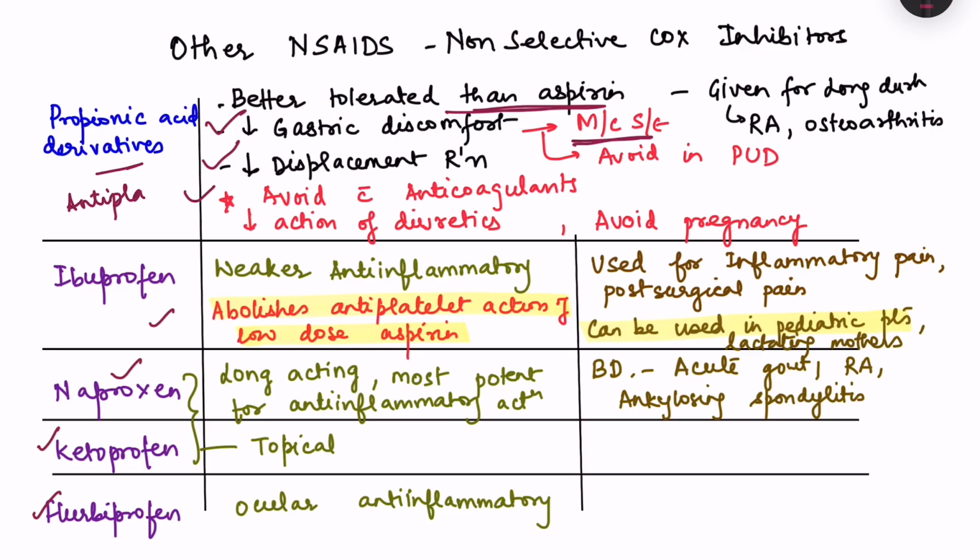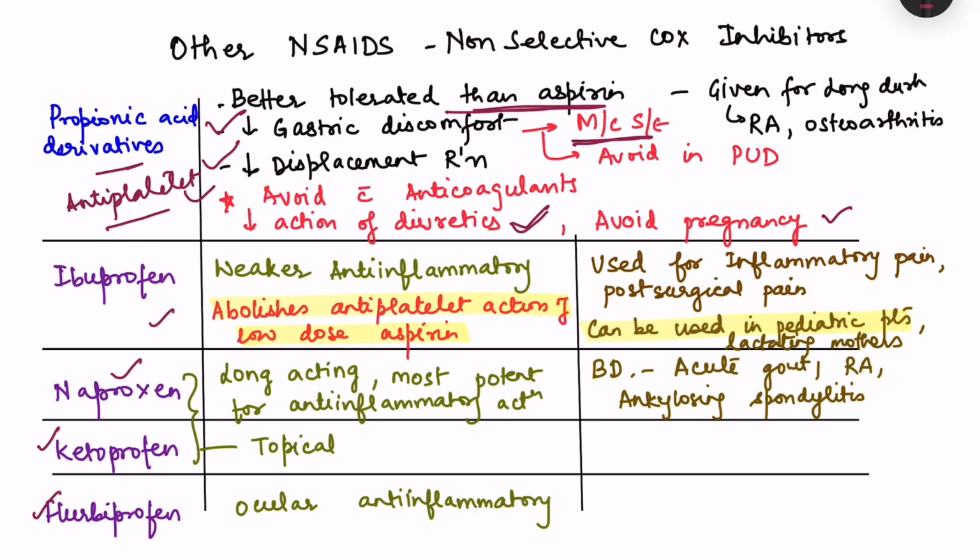They decrease the aggregation of the platelets. So they are avoided with anticoagulants and they decrease the action of the diuretics as well, just like we saw in the prototype drug. They are also avoided in pregnancy.